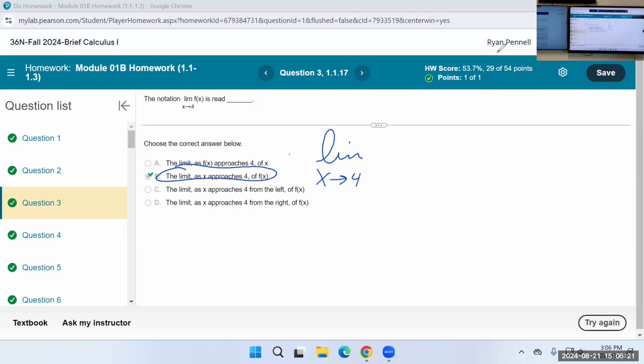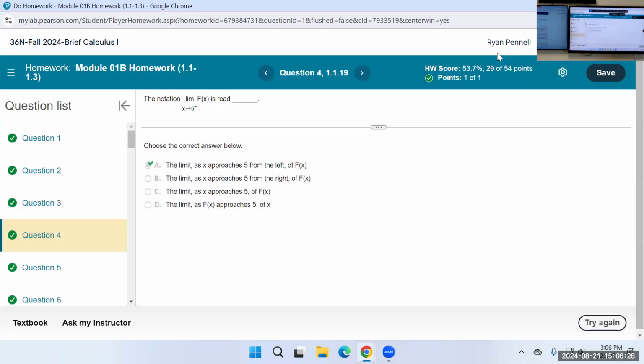The notation, the limit as x approaches 5 with that little minus sign, that means from the left.